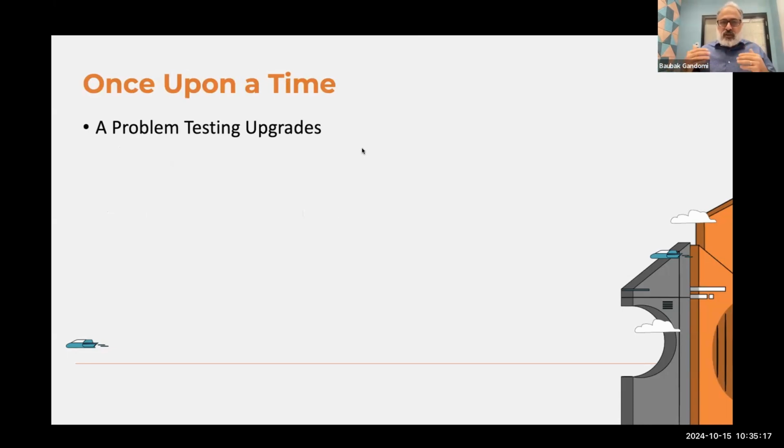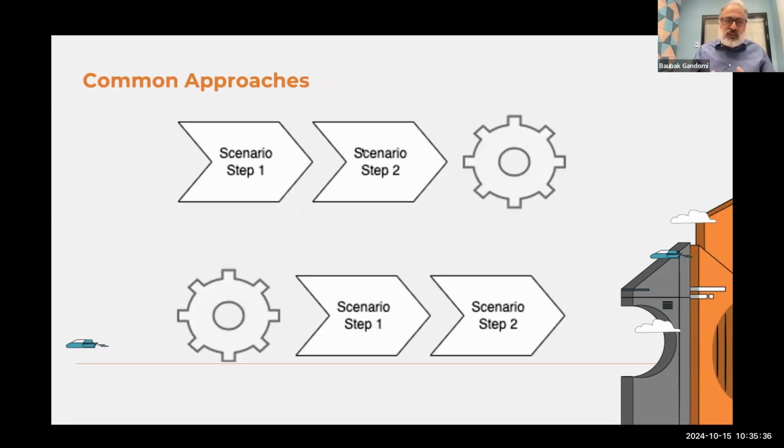So let's start from the beginning and a lot of why I got here. Originally, I wanted to automate software upgrades. It was extremely hard in the companies I was working at, even at Adobe, and I wanted to automate it. Traditionally, a lot of the approaches are that you fill a database with data, you start the upgrade process and see if it's working.